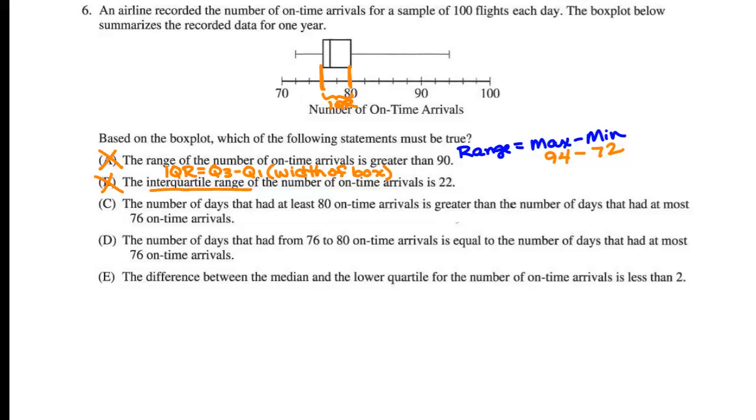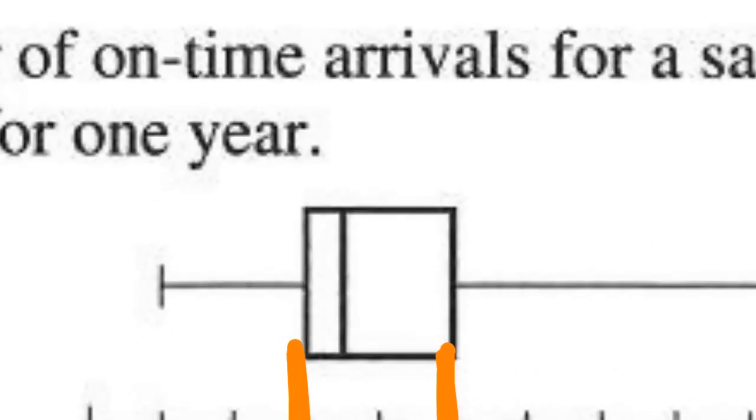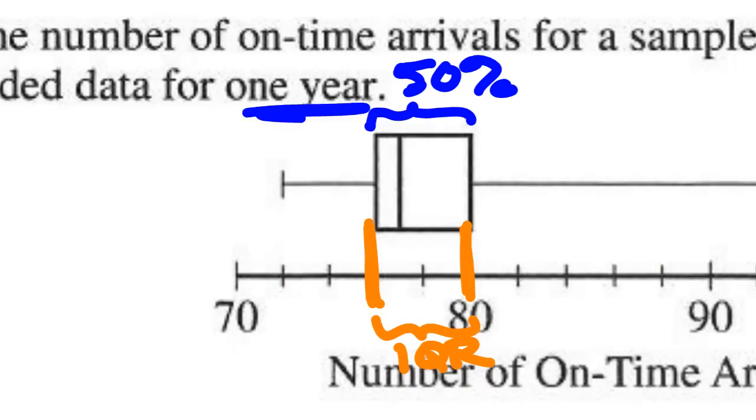The number of days that had at least 80 on-time arrivals is greater than the number of days that had at most 76 on-time arrivals. So they're looking here and here. I know those are the boundaries for Q1 and Q3, but I have no idea how many values fell on each one of those exactly. I know that the box is 50% of all the days in 1 year.